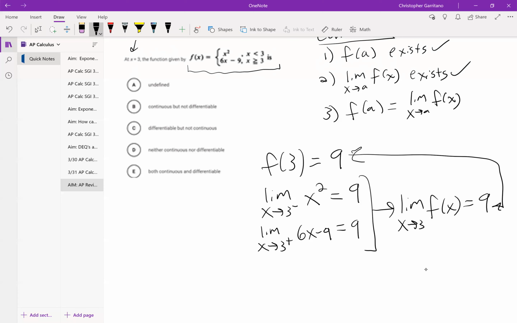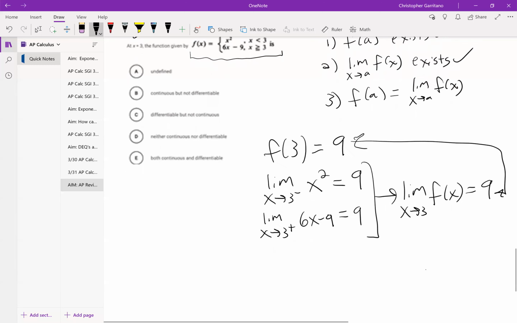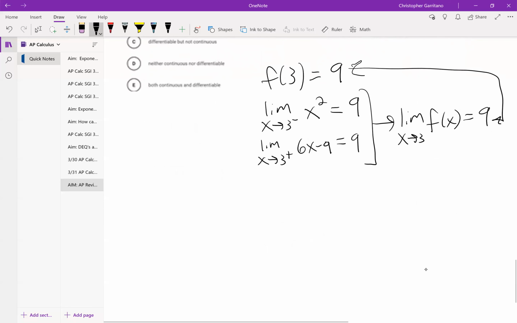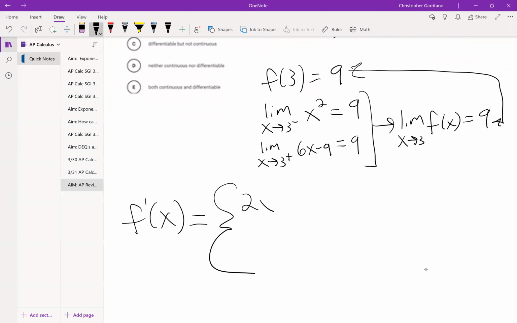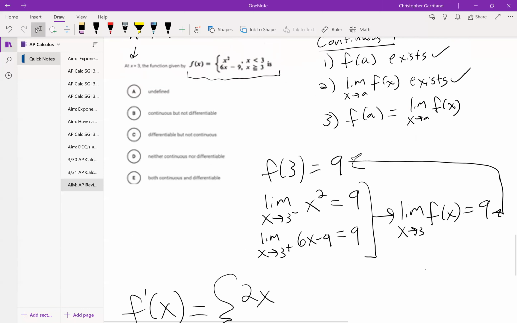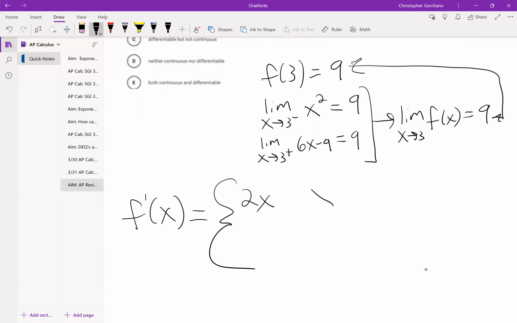Now we need to check differentiability. In order to check differentiability, we're going to do something very similar, but for the derivative function. So let's take the derivative of our piecewise function. The derivative of the top branch is just 2x, and this is the derivative for values of x less than 3.